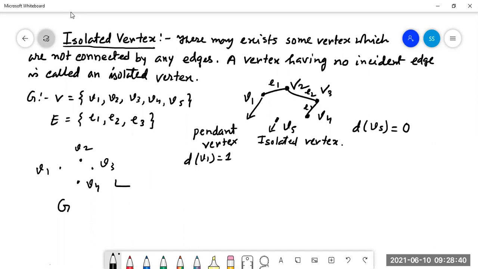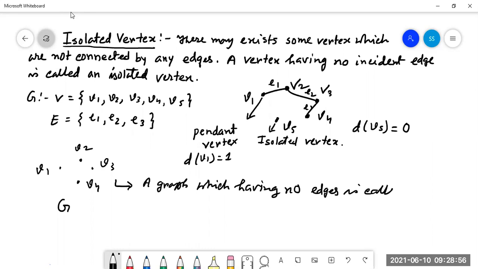A graph having no edge is called the null graph.